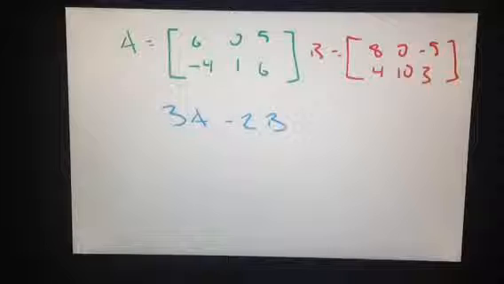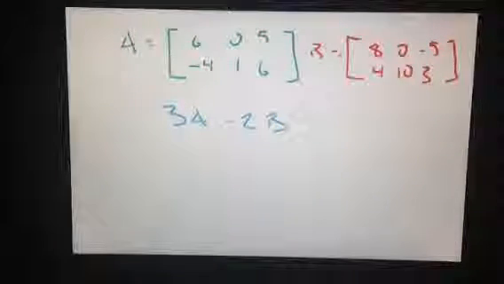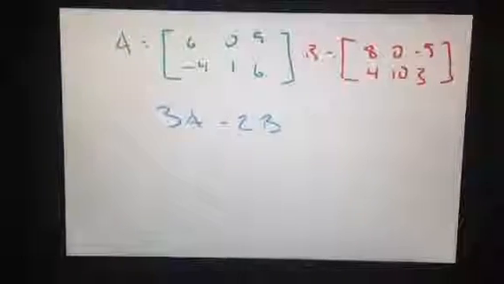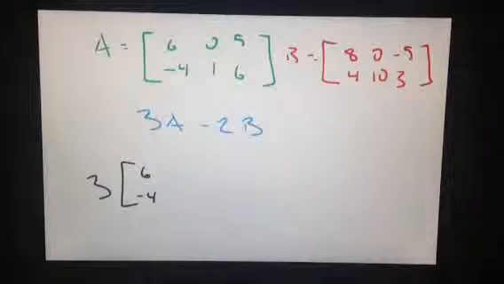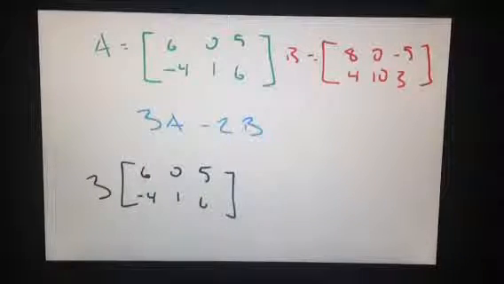So how do we deal with this kind of equation in blue? Let's just follow our rules of multiplying matrices, and we'll have a 3 out in front of our A matrix, and a 2 out in front of our B matrix.